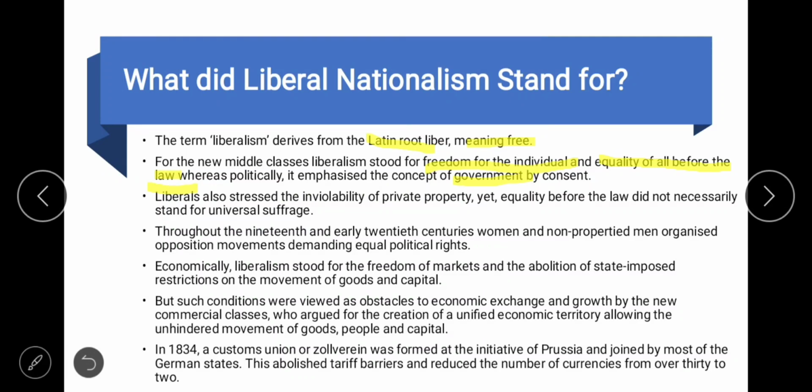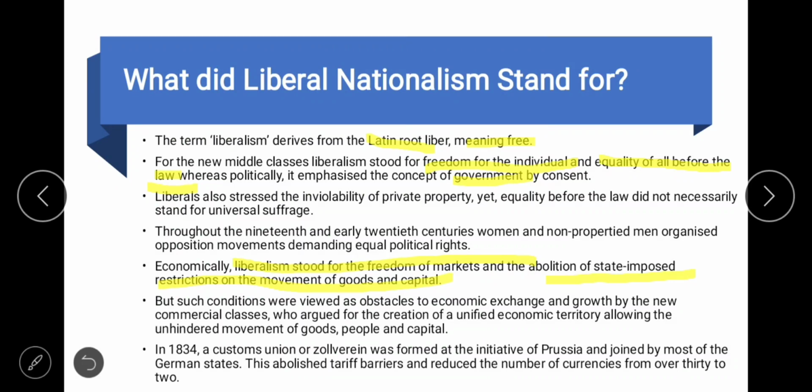So what did it mean economically? Economically, liberalism stood for freedom of markets and the abolition of state-imposed restrictions on the movement of goods and capital. This was a strong demand of the emerging middle class.